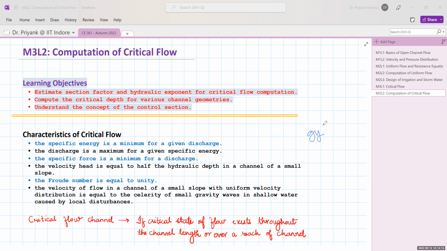Root gy is essentially the celerity of gravity waves. So the velocity of the flow and the velocity of the disturbances in the flow are almost equal. That can only happen when there is a critical flow.